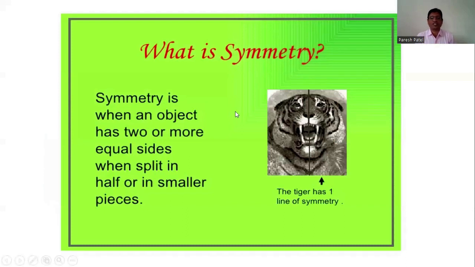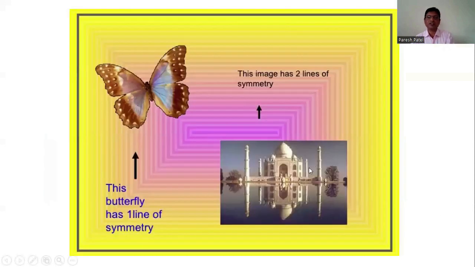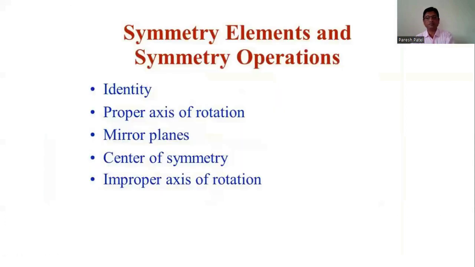Symmetry means an object has 2 or more equal sides when split in half or in smaller pieces. So this is the symmetry in nature. This is a butterfly, and the butterfly is so beautiful due to its symmetry.